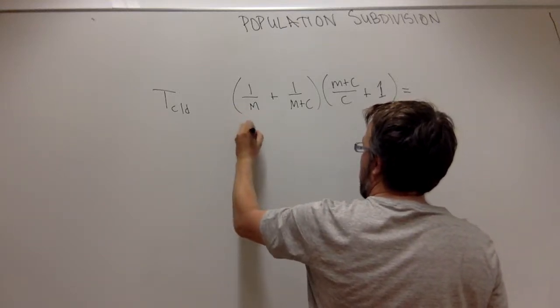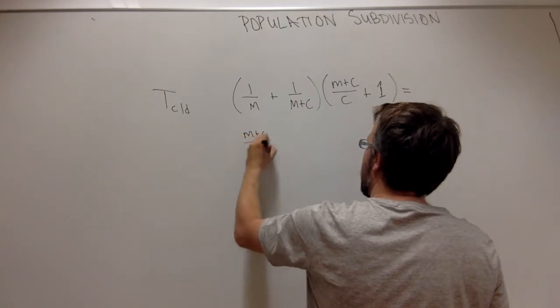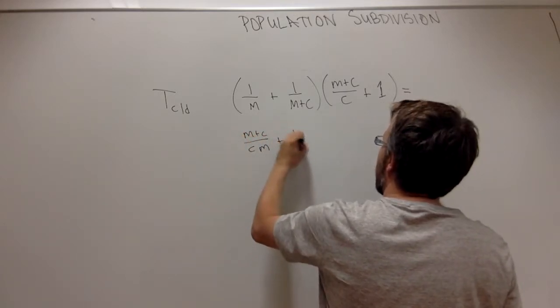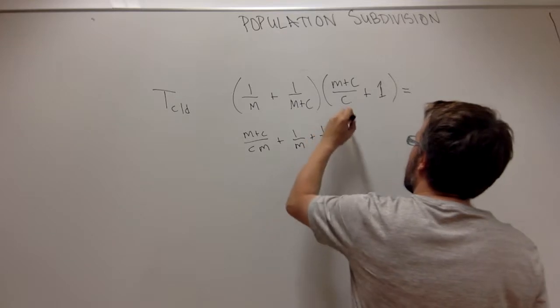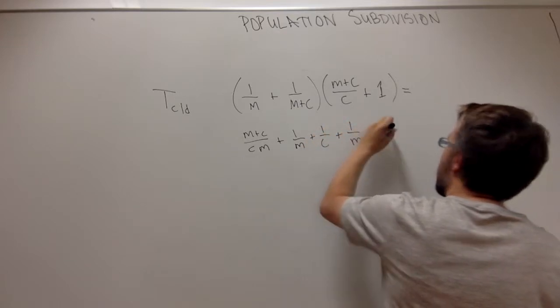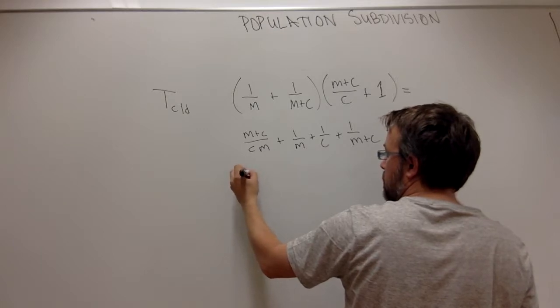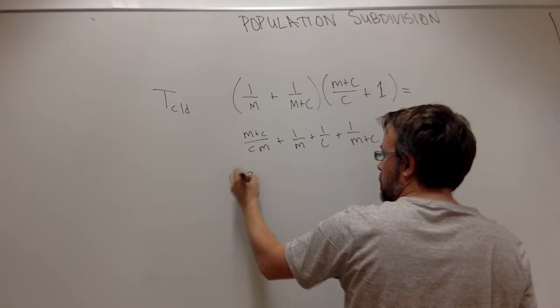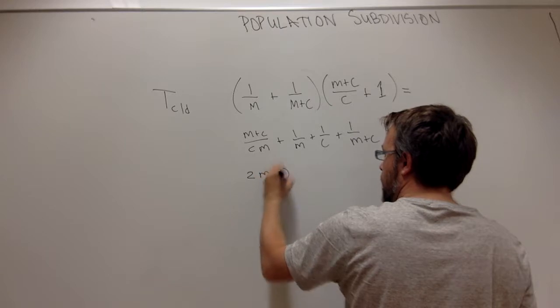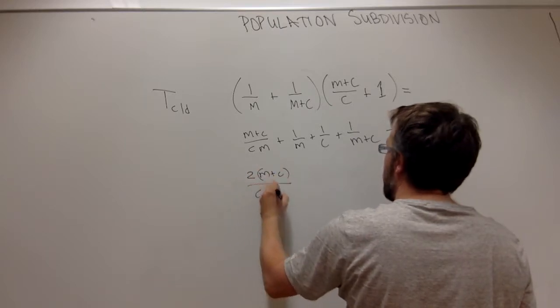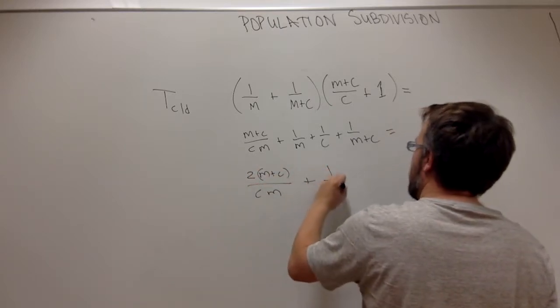So that just is (m plus c) over cm plus 1 over m plus 1 over c plus 1 over m plus c, which we can rewrite as (2m plus c) over cm plus 1 over (m plus c).